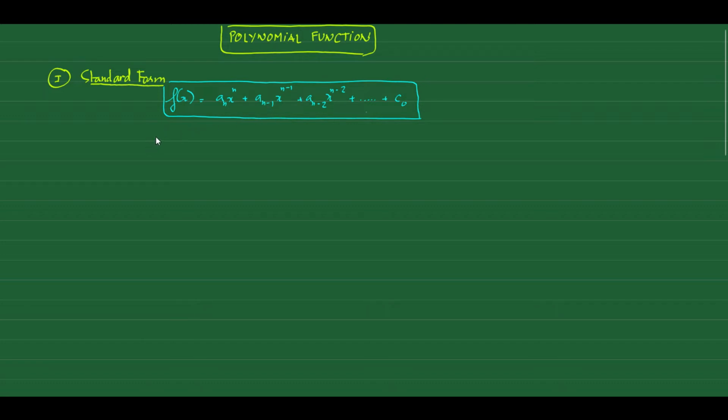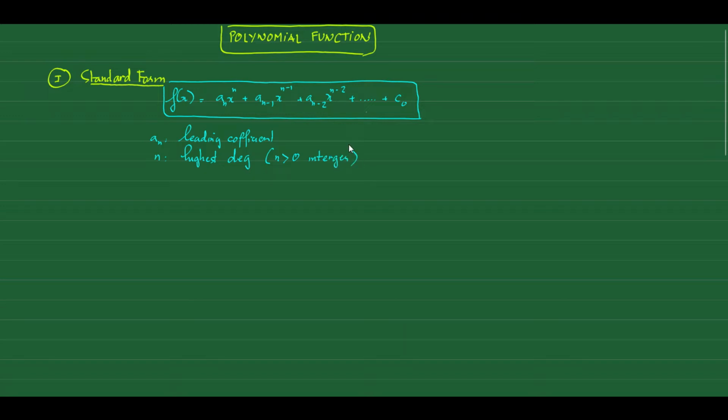So that's why a sub n, attached to the x raised to the n, is called the leading coefficient. And the n over here is the highest degree. Okay, and n over here must be a positive integer.